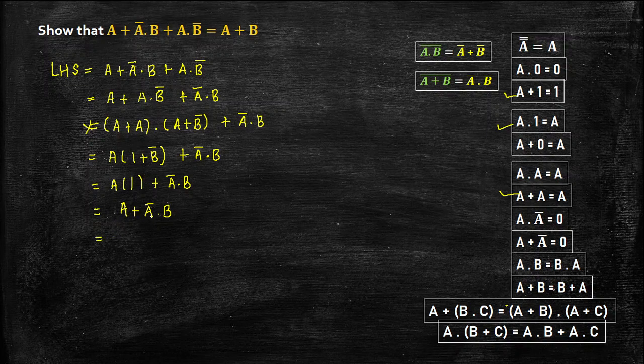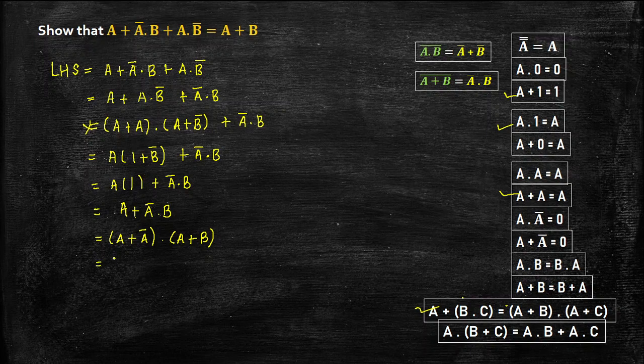Now these two terms, there is an or operation and there is an and operation. There is nothing common, so now we can use this law where it will be split into two brackets like a plus a complement, dot, a plus b. Here a complement will be b and b will be c actually.